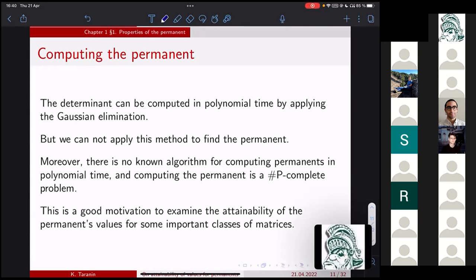The fastest known method belongs to Herbert Ryser. He invented it in the 1960s, and it calculates the permanent in n squared times 2 to the power of n. So it's very slow.